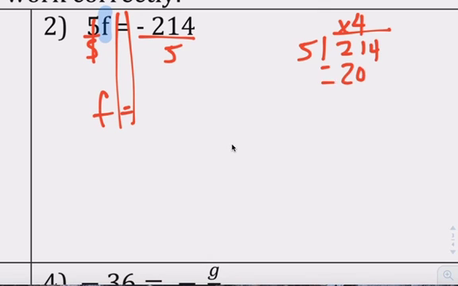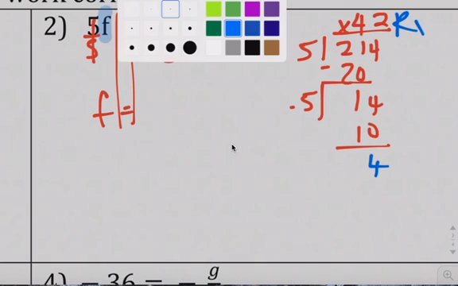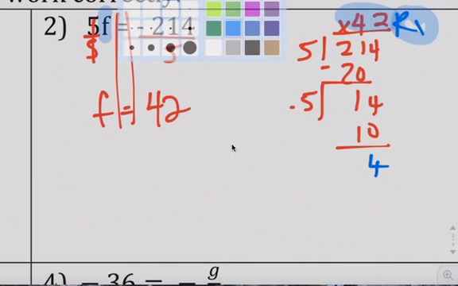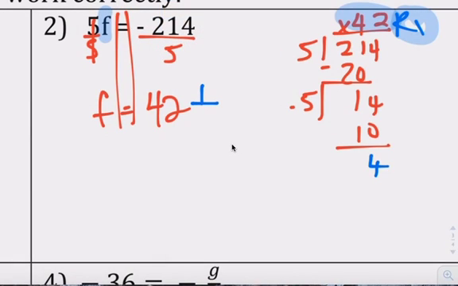It's 20, remainder 1, 14. Bring down this 4, 5 goes into 14 2 times, remainder 4. So your answer is 42, remainder 4 over denominator 5.